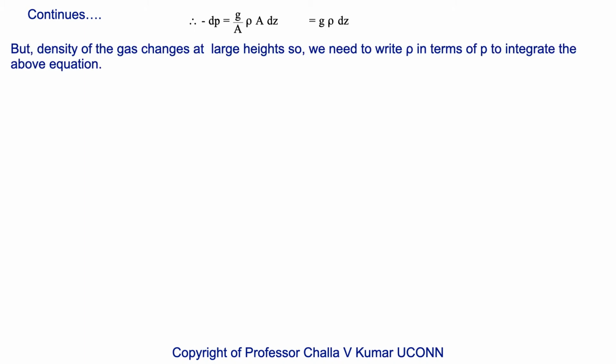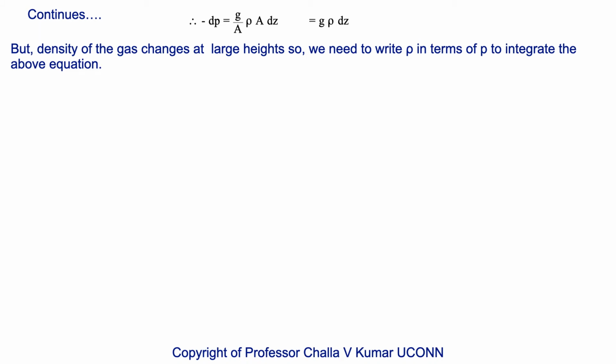Just to summarize, we've shown that minus dP, the change in the pressure, is equivalent to g times rho times dz. So the relationship between pressure, height, and density is where we left off on the last slide. Now we'll continue.